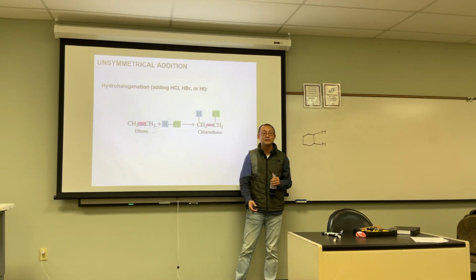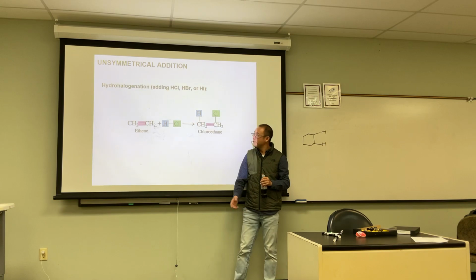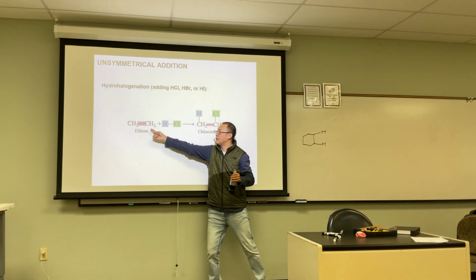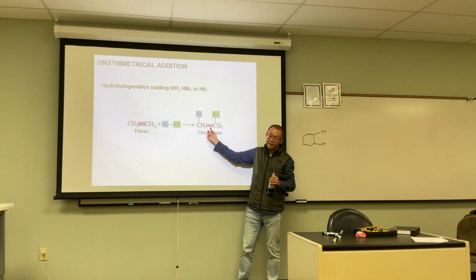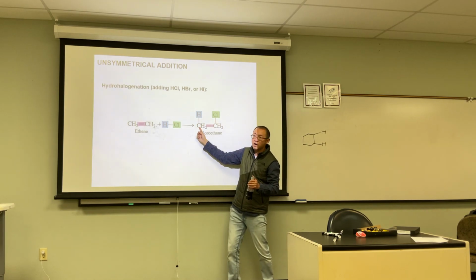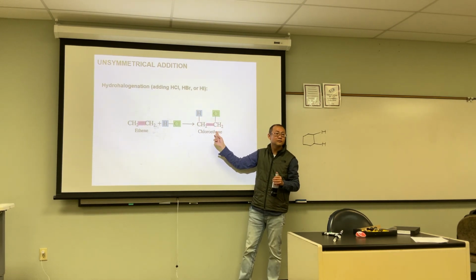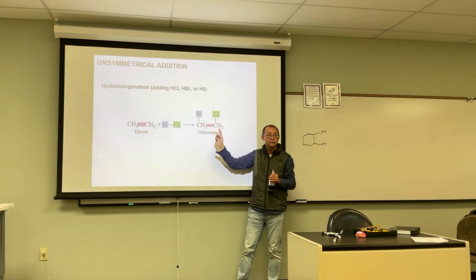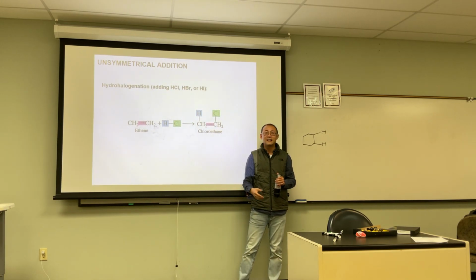Does it make sense, guys? But how the reaction happens is the same. The double bond becomes a single bond. You add hydrogen to one carbon, you add chlorine to another carbon. Do you guys see that?